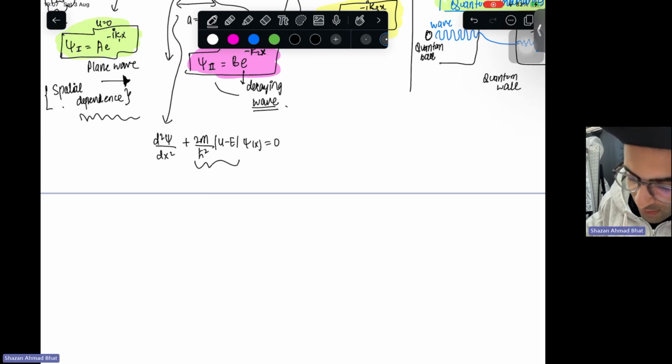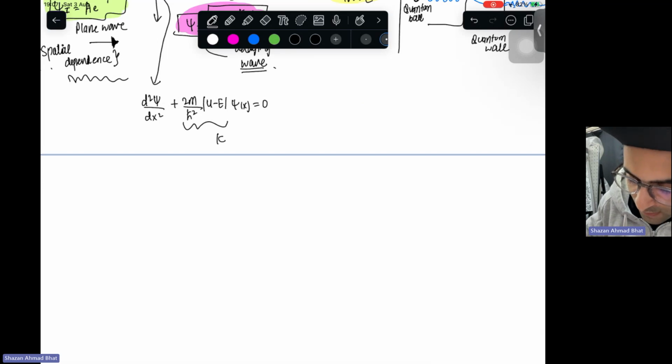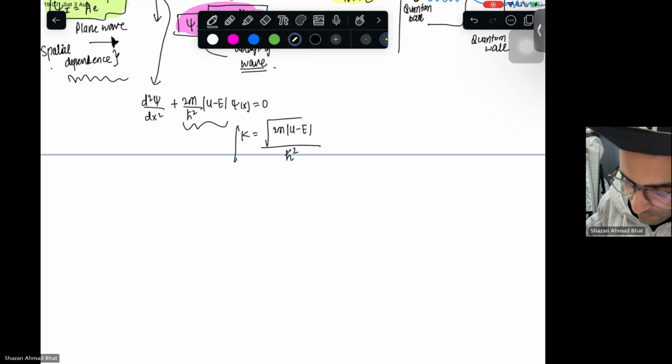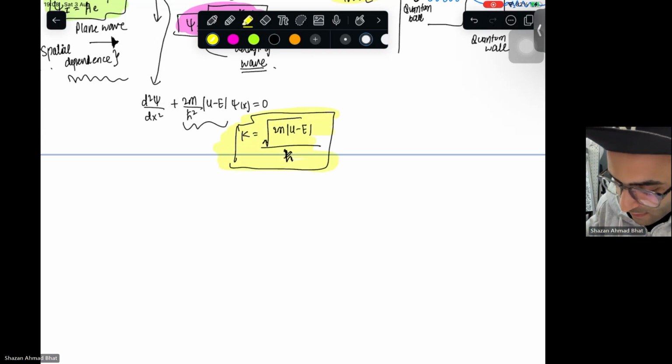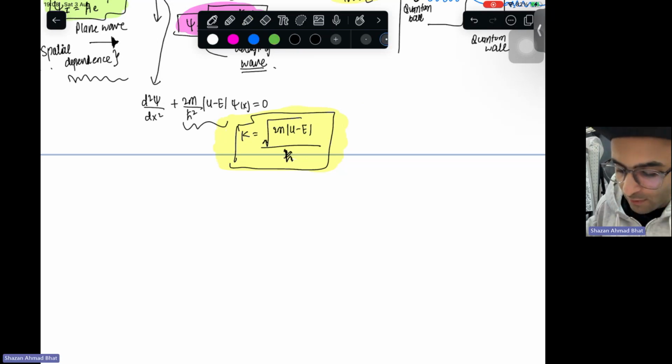Now you call this kappa square, and you get kappa equal to the square root of 2m(U minus E) divided by h bar. If you put the h bar in the root, then it's h bar square. So this is the k value which you get in the middle region.